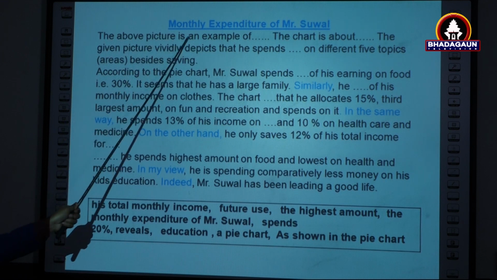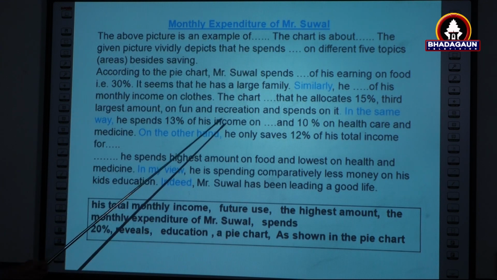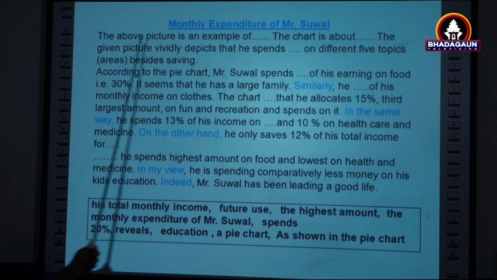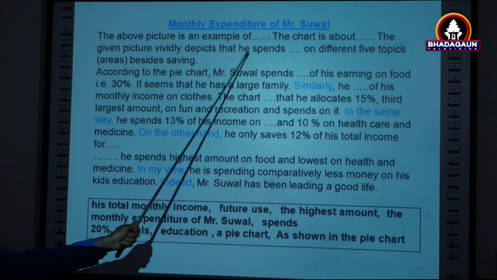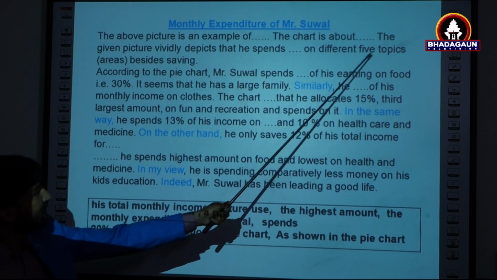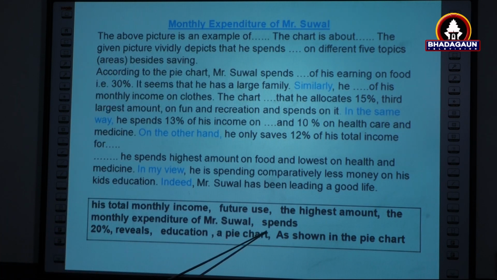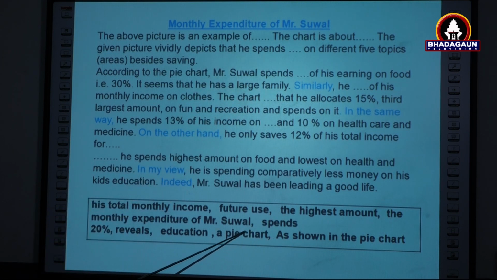The above picture is an example of the data. Here now let's see, the chart is about the data. The given picture vividly, meaning clearly, depicts that he spends the data on 5 different topics besides saving. The answer is given here. So now you have to fill those blank spaces wherever they correctly fit.